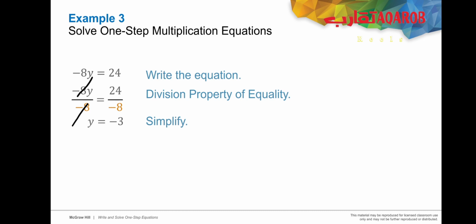The rule tells you that if you multiply or divide the same signs, like this, it will be positive. Negative 8 over negative 8, the answer will be positive 1, which is y.